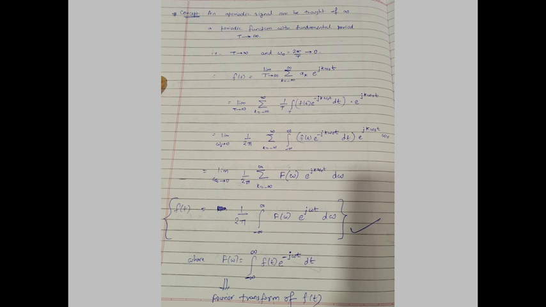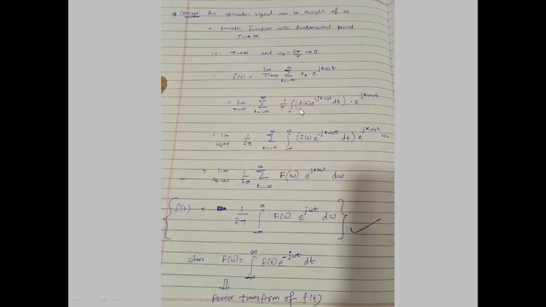Now extending this to an aperiodic signal, an aperiodic signal can be thought of as a periodic signal with fundamental time period tending to infinity. That is to say that an aperiodic signal would repeat itself after infinite time. Since the fundamental time period tends to infinity, the fundamental frequency in radians per second tends to 0, and now to write the decomposition into sinusoids, we need to apply the limit tending to infinity to the expression of a_k.